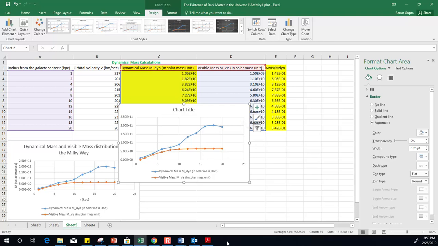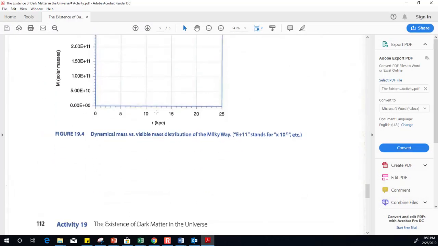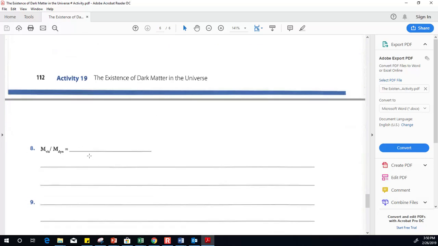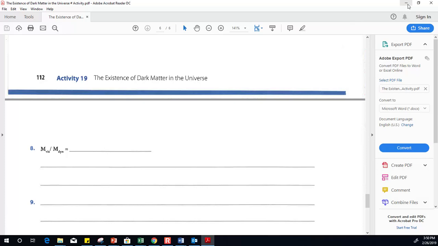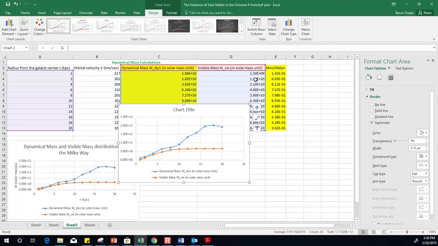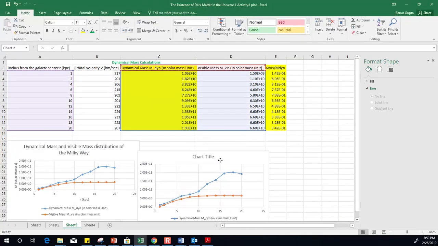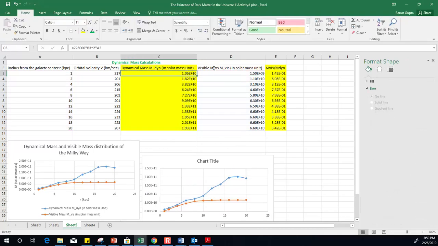Now let's move on to number 8. You have to calculate the ratio of the visible mass to the dynamical mass. I'm just taking equals this visible mass divided by the dynamical mass and hitting enter.